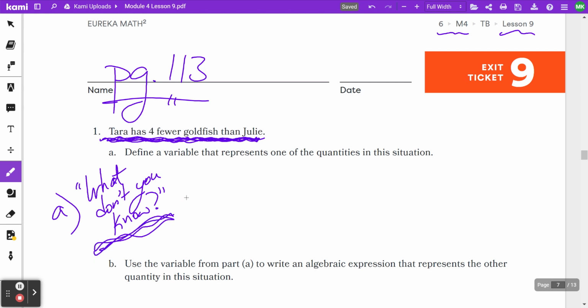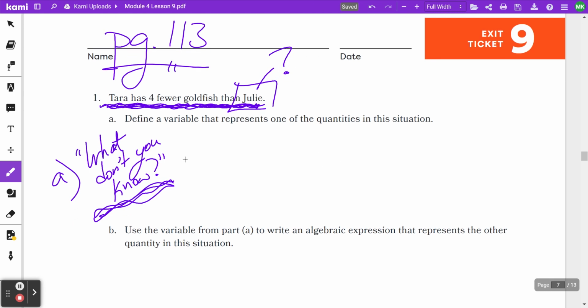Okay, Tara has 4 fewer goldfish than Julie. The most obvious question is, well, if Tara has 4 fewer goldfish than Julie, how many goldfish does Julie actually have? So what you want to do here is assign a variable to answer that particular question. So maybe you want to do a lowercase g for goldfish, maybe a small j for Julie. It really doesn't matter.